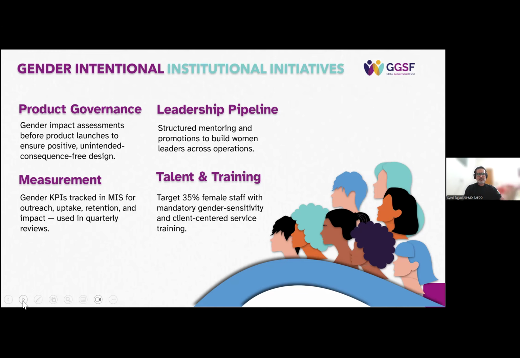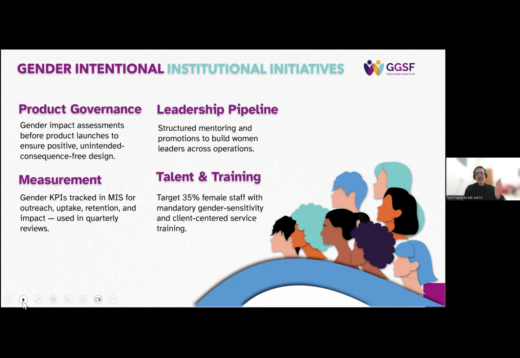And there is always capacity building and talent hunting, which supports us. So we target at least 35% women staff in our operations, to ensure that we are centric with the women and centric with the staff so far.